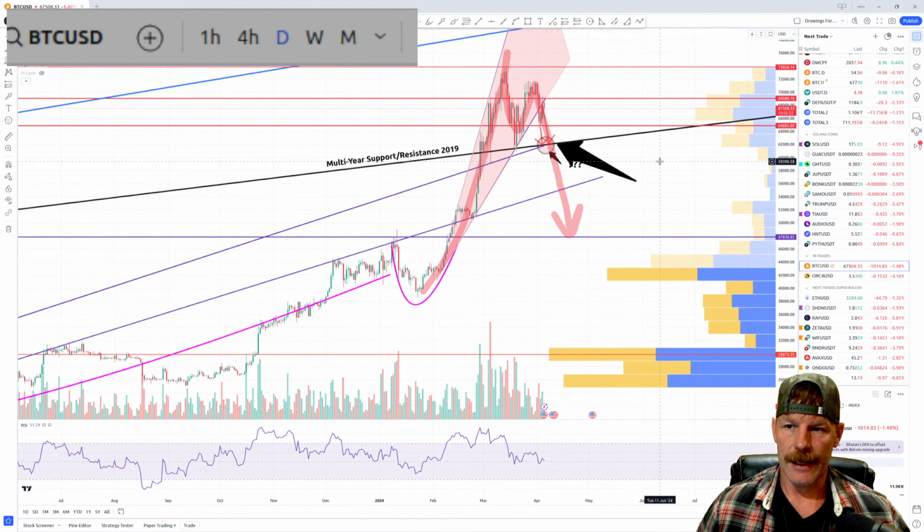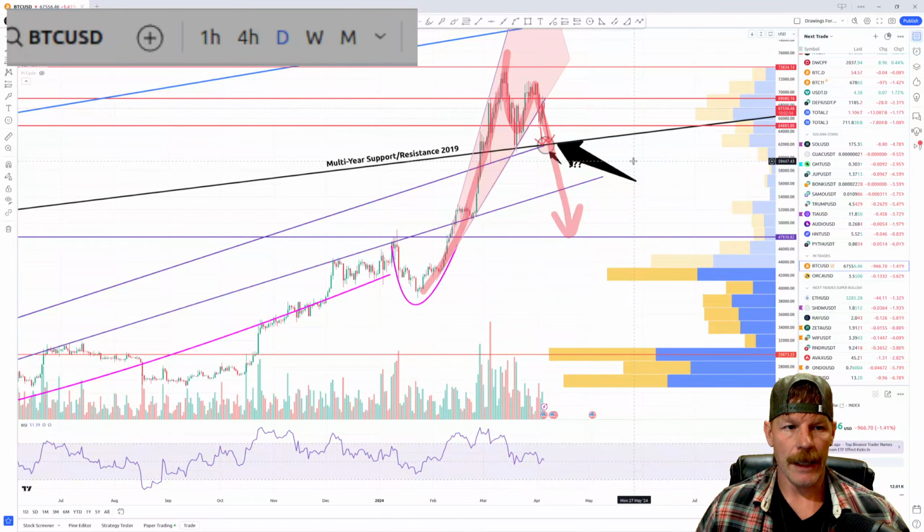Now that's acting as support, but remember, each time that we hit that thing, it becomes weaker and weaker, and now we are most definitely in a downtrend, creating new lower highs and lower lows. And so let's talk about where we might go with this.